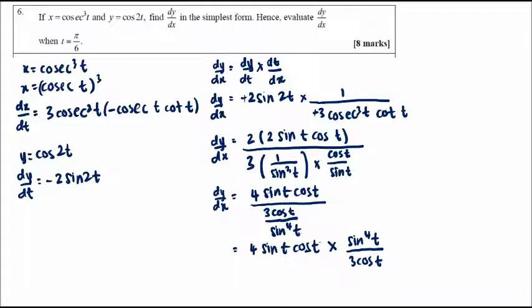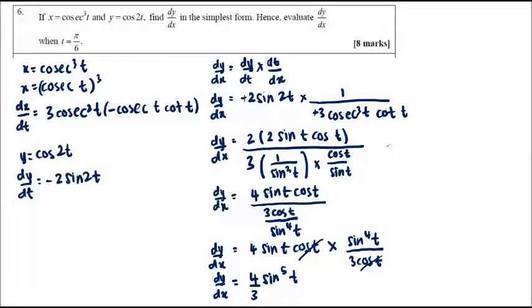Then we can see that we can simplify our cos. So dy/dx is equal to 4 over 3, and then sine to the power of 1 plus 4, which is sine to the power of 5t. So this is our dy/dx.